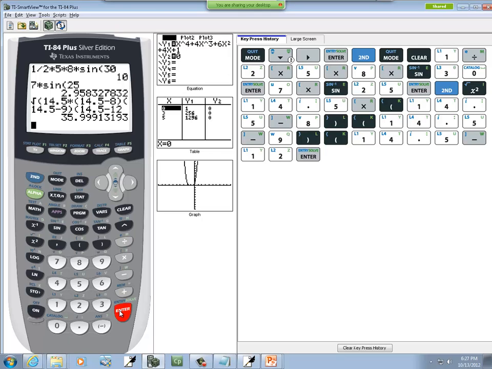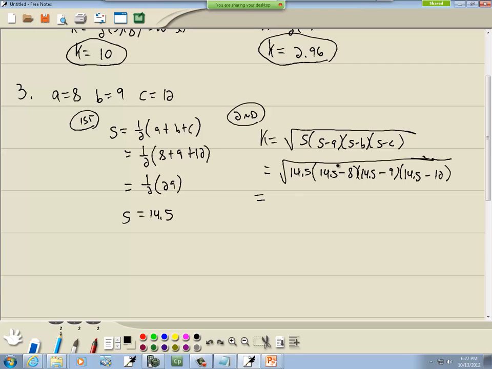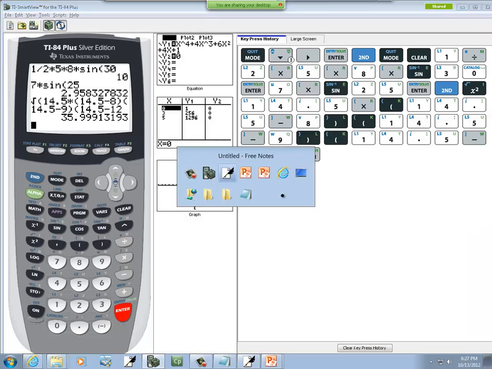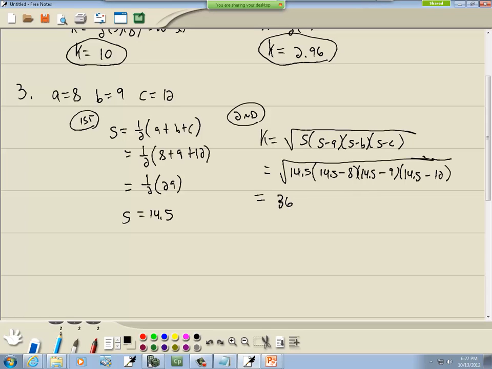And then enter. And to 2 decimal places would be 35.99, then round it up and it becomes 36. So that's our answer.